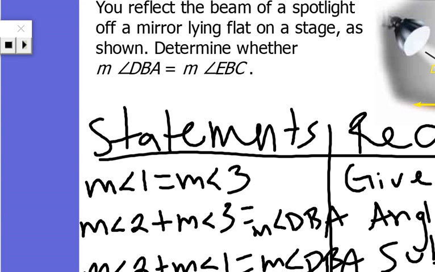Think of our last set of reasons: reflexive, symmetric, and transitive properties. If A equals B, and B equals C, then A must equal C as well. That is a prime example of our transitive property of equality.